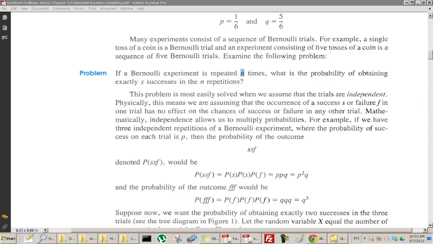So we'll put this in general terms and say we repeat it n times, and we're asking for the probability of obtaining exactly x successes in these n repetitions. So let's see how to solve this problem. And you can see that once we solve it, we'll have solved it for many, many different scenarios.